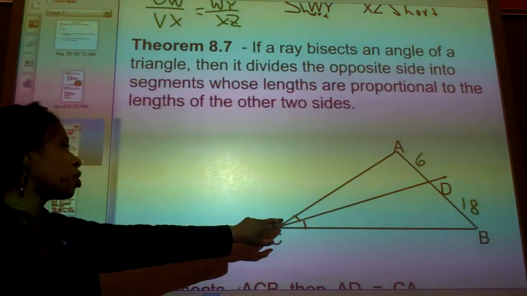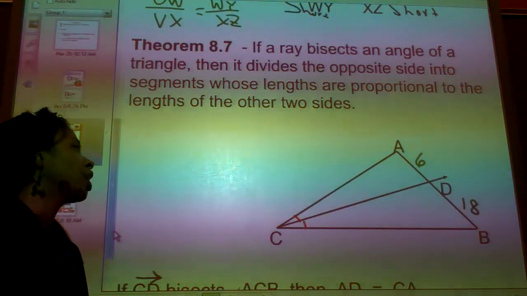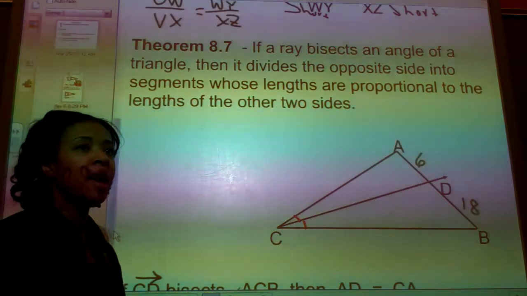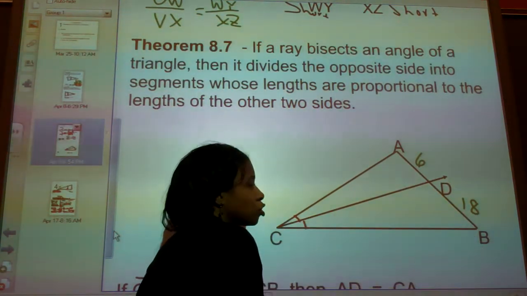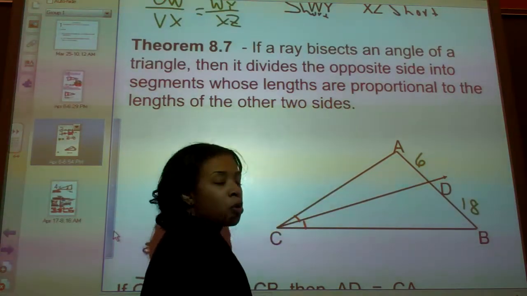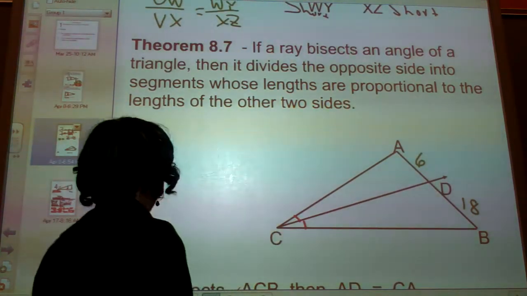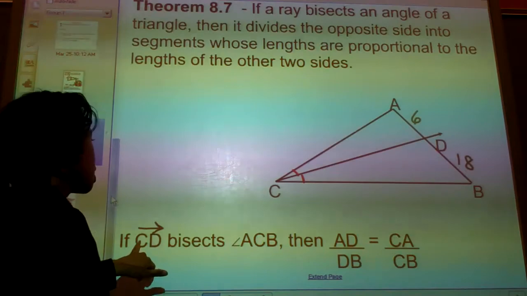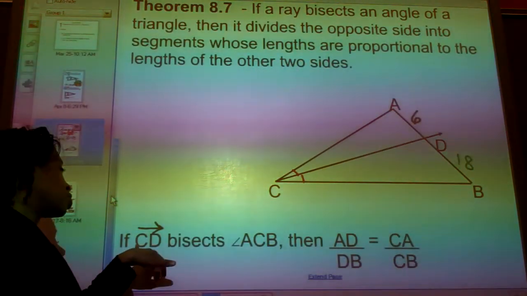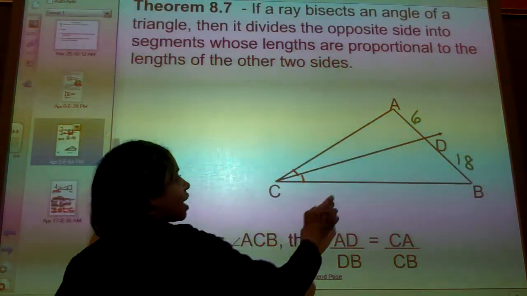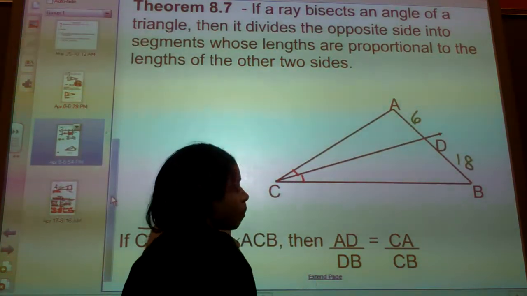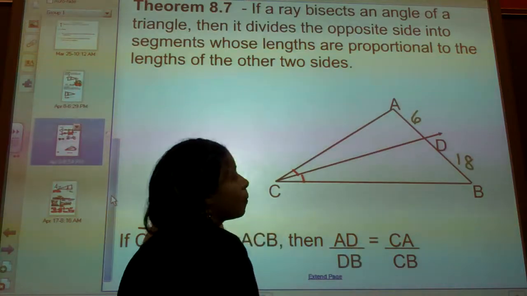And when I bisect an angle on a triangle, that automatically means that the opposite side lengths are going to be proportional. AD is proportional to BD. And this is how I write it. So I have ray CD bisects this angle ACB. Then that means that AD is exactly proportional to DB.